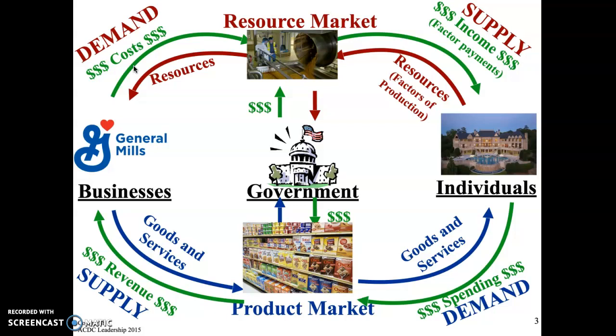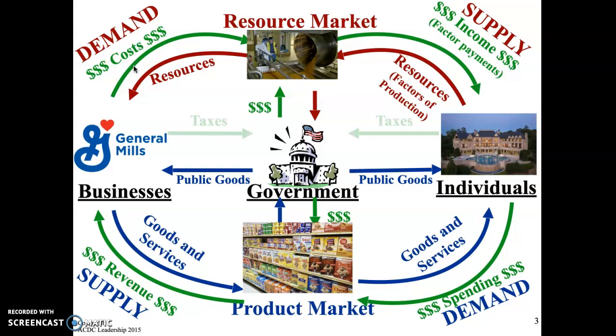So they have a bunch of labor that they are hiring and spending. But they also buy from the product market too. So a lot of military spending. When we're thinking about the product market, we're thinking about military equipment as well. They also provide public goods, and those cost money as well. So roads, bridges, lights, that kind of stuff is provided by the government.